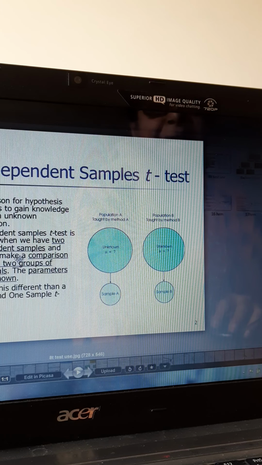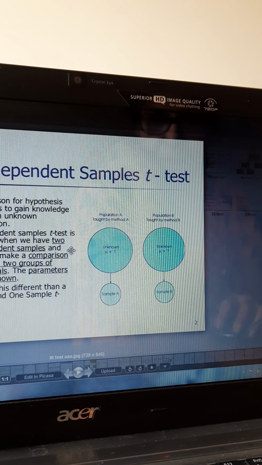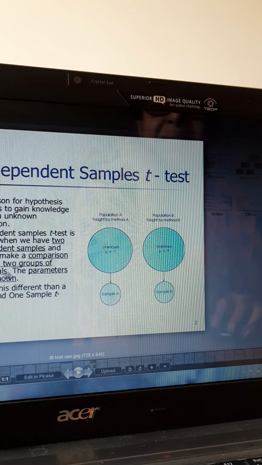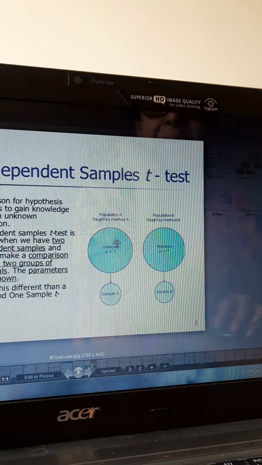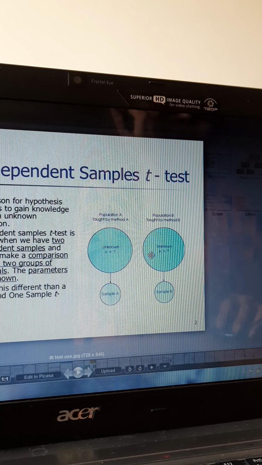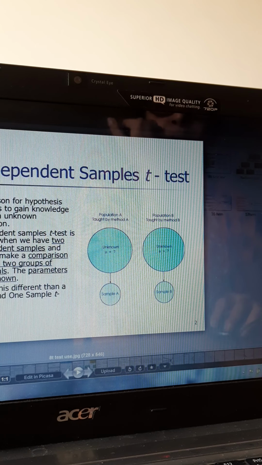Or you take IT professionals, male and female, and compare their stress levels. Independent sample t-test is applied when there are two independent samples, and the parameters are unknown. The overall universe is not known.